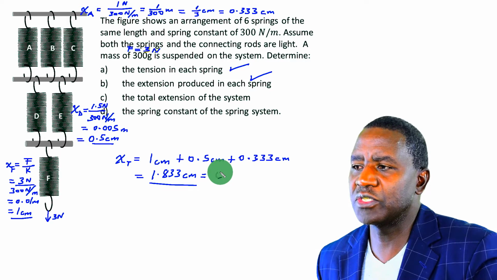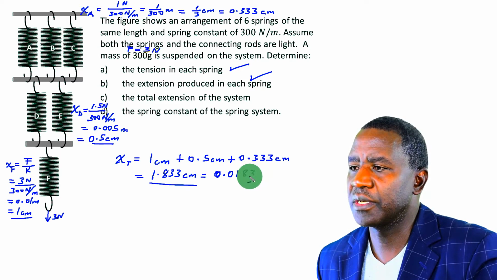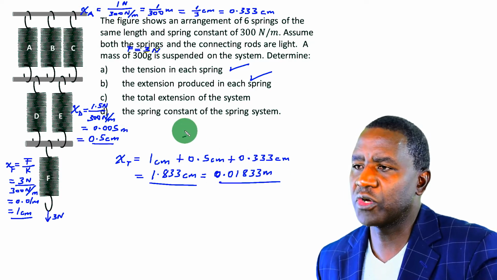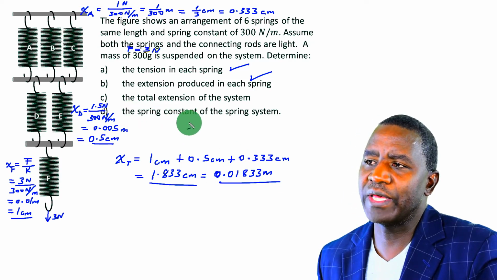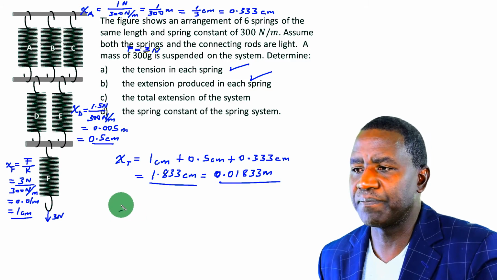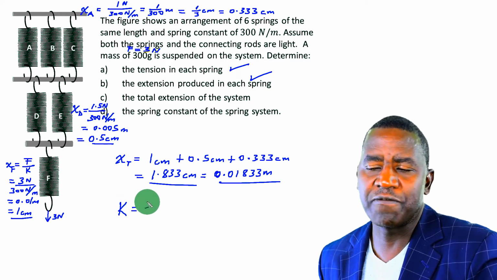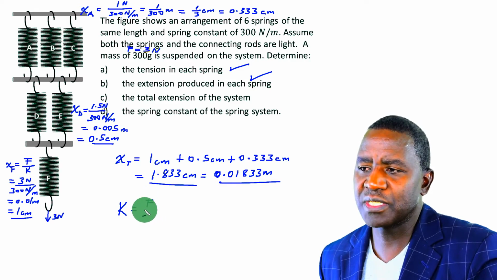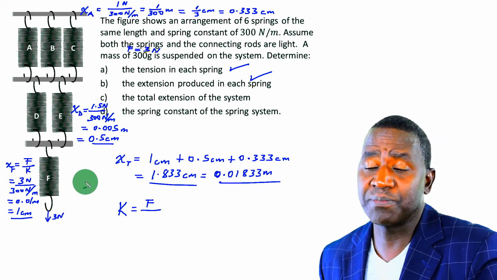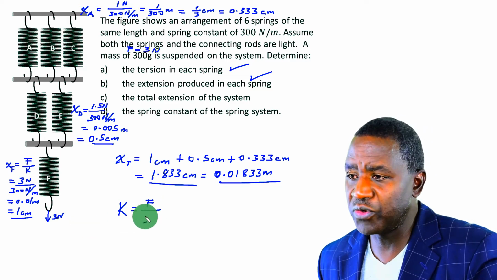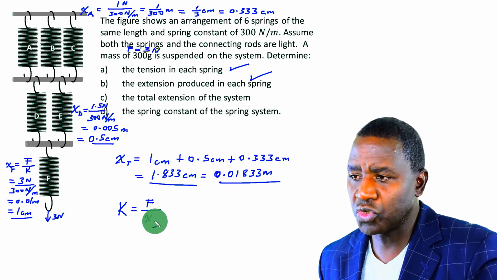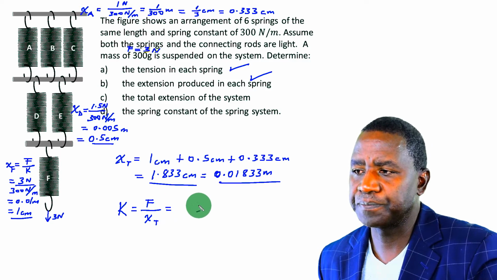Of course, I can get this one in meters. It will be 0.01833 meters. Because in part D, I want to get the spring constant of the spring system. So K of the spring system is going to be equal to the force that the spring system supports. It supports a force of 3 newtons divided by the total extension.